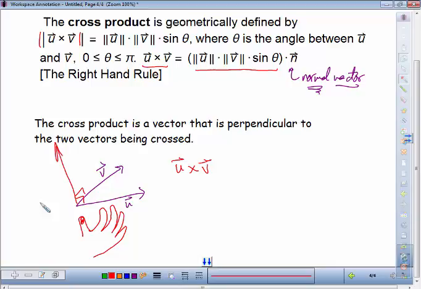And now my cross product will give me a normal vector that's going the opposite way. That's your right-hand rule.